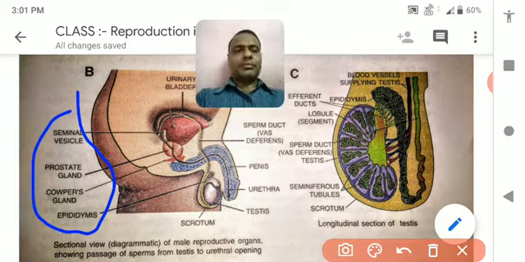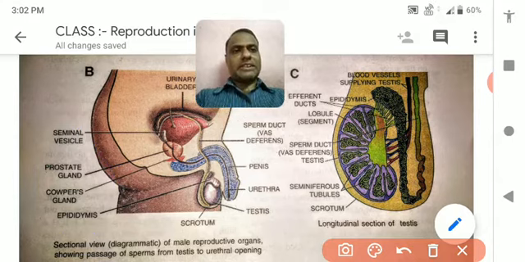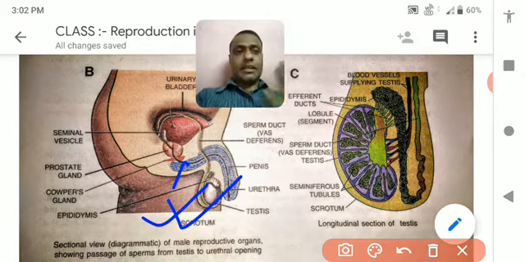Understood? After that, when it directly opens into the penis, it is named the urethra.